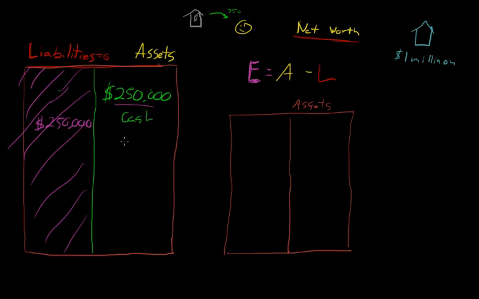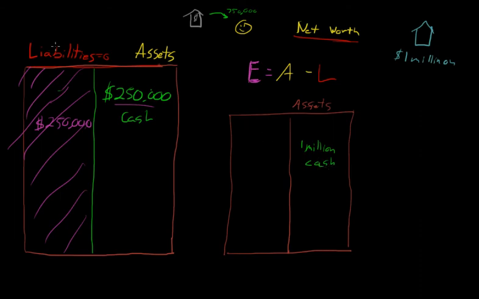That was what I already had, either in my checking account or in my wallet. I already had $250,000, and I just got $750,000 more. So now I have 1 million in cash, or cash equivalent.